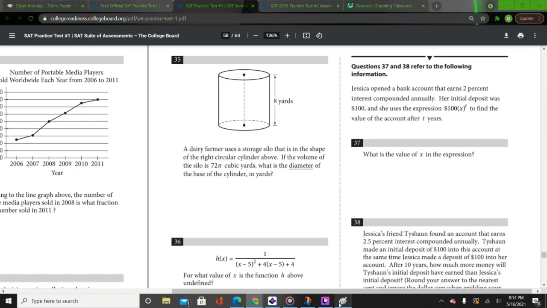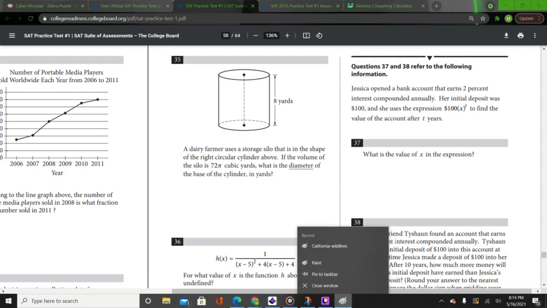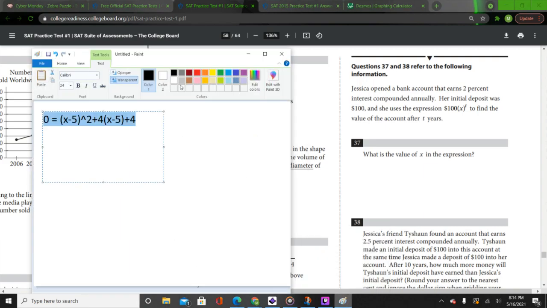I'll show you. X is equal to the rate, and the rate is equal to 1 plus interest. And so x is equal to 1.02. So that's actually pretty easy.